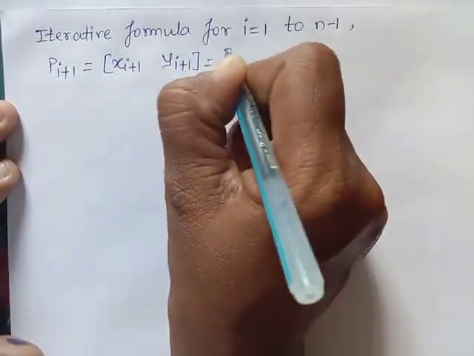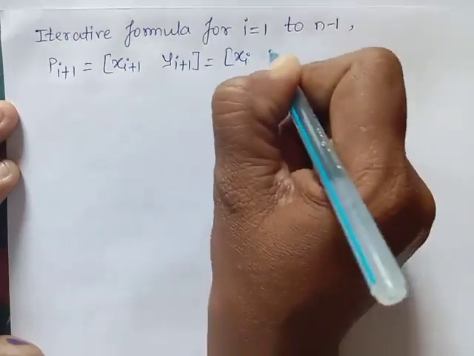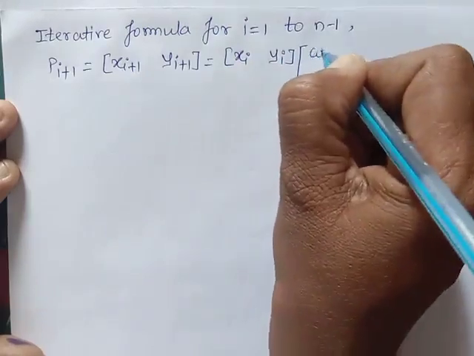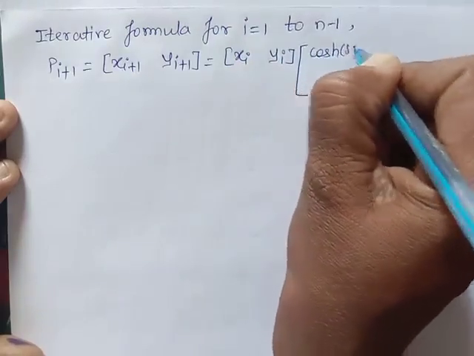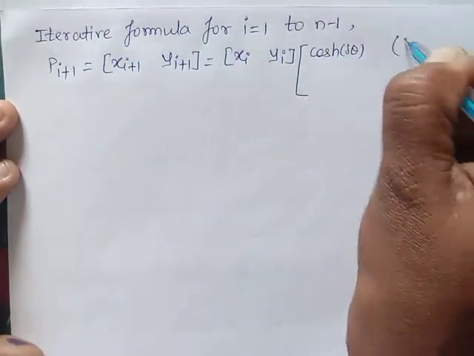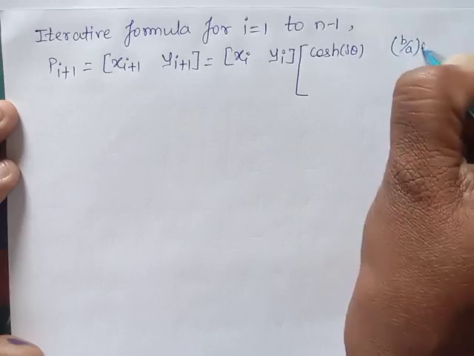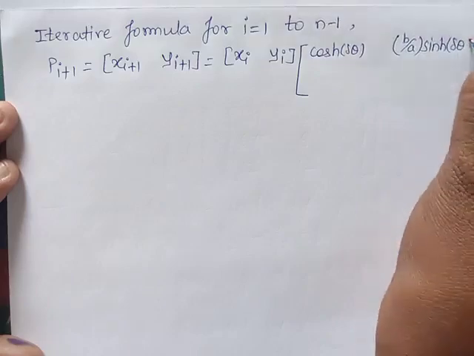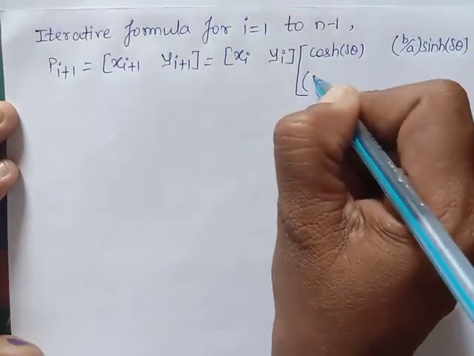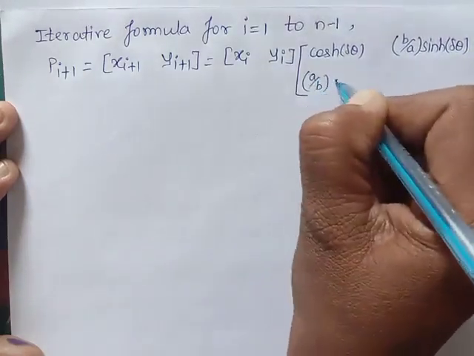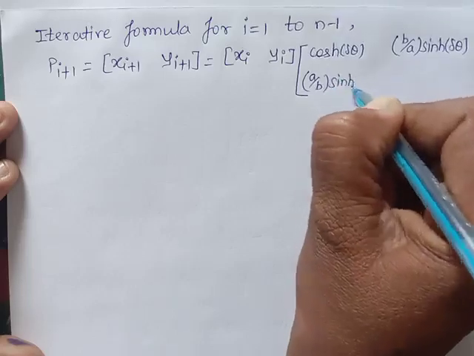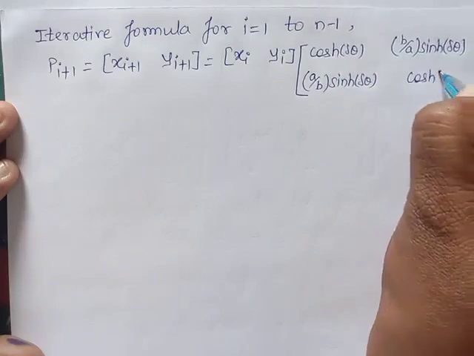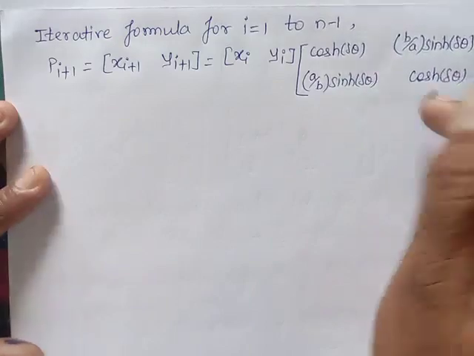And that is what? x i, y i into cos hyperbolic delta theta, b by a sine hyperbolic delta theta, a by b sine hyperbolic delta theta, and cos hyperbolic delta theta.